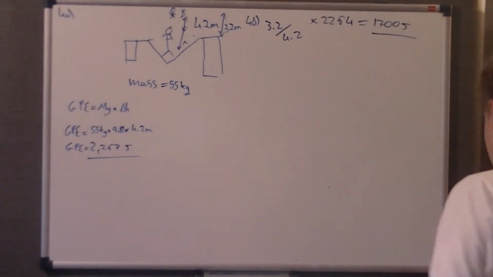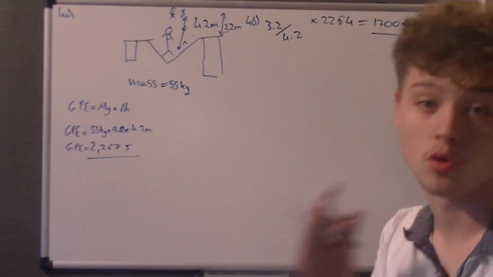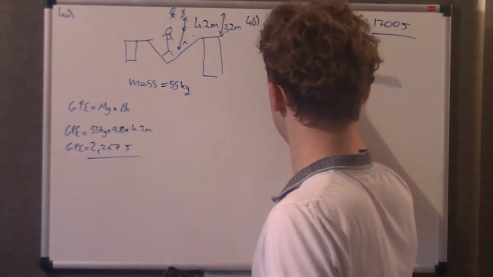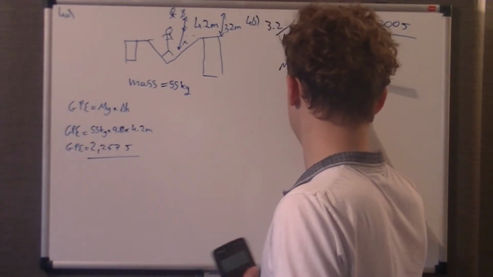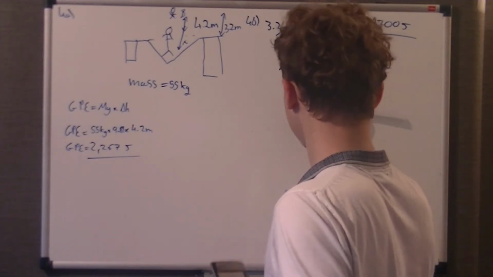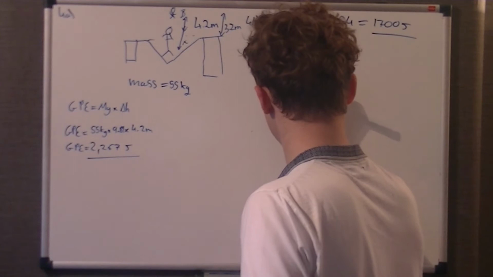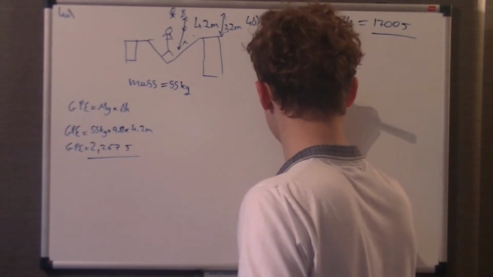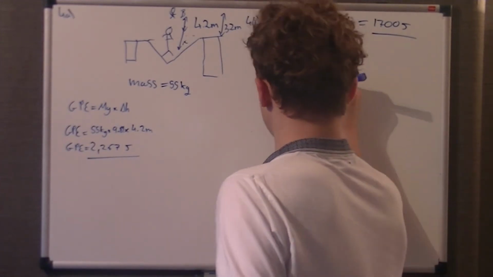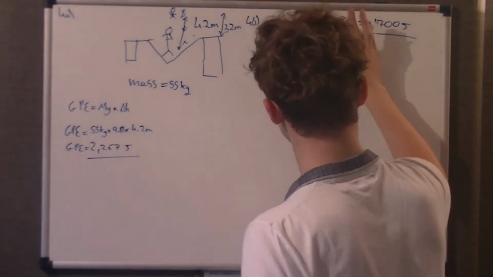If you wondered where I got another way of doing 1,700 joules, you could do mg times delta h equals GPE. If you do it this way, it's 55 times 9.8 times 3.2 equals kinetic energy.